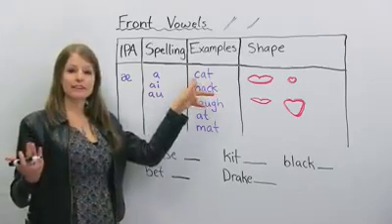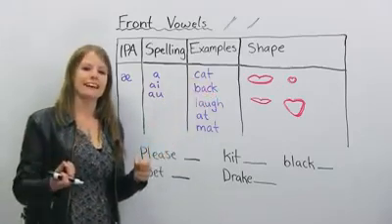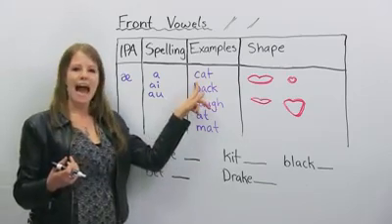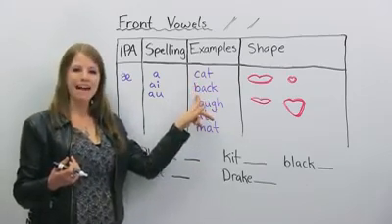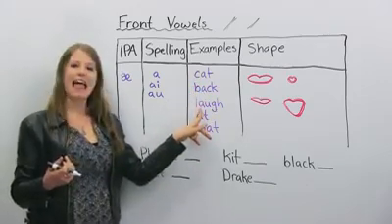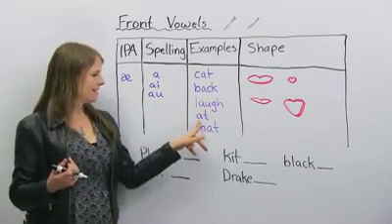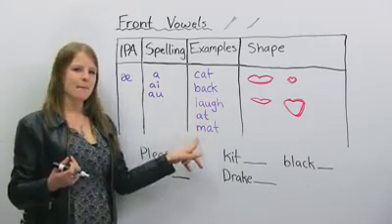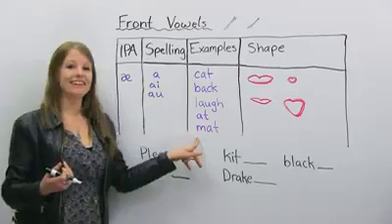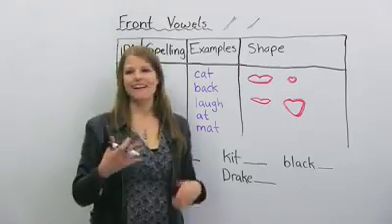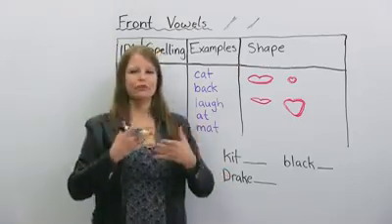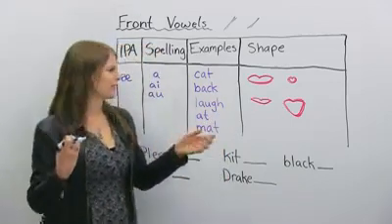Let's look at some examples of words that have this sound in it. Cat, back, laugh, at, mat. This is actually one of my favorite sounds because your mouth is huge for this.